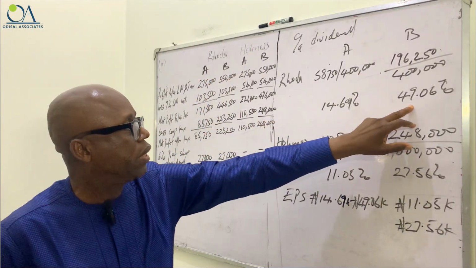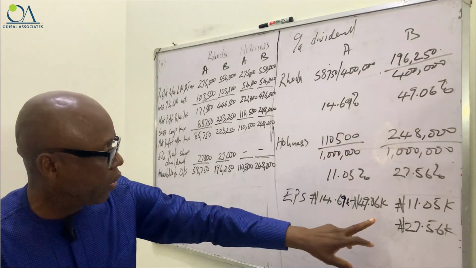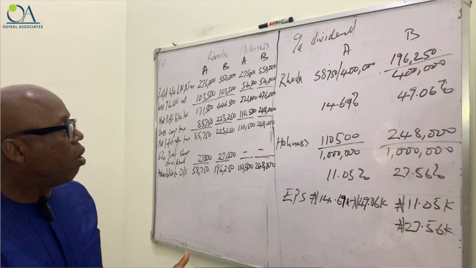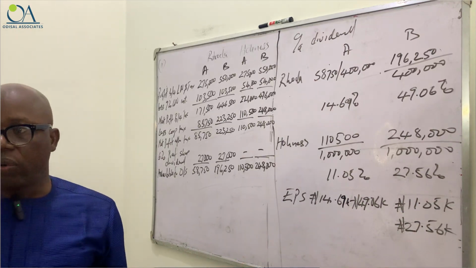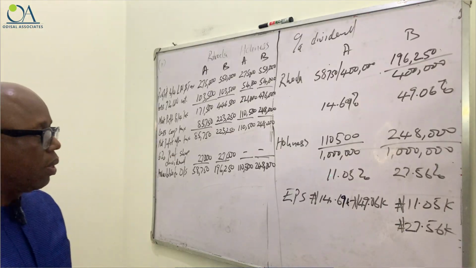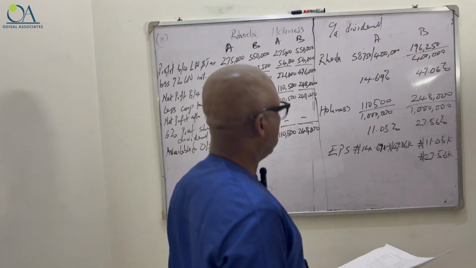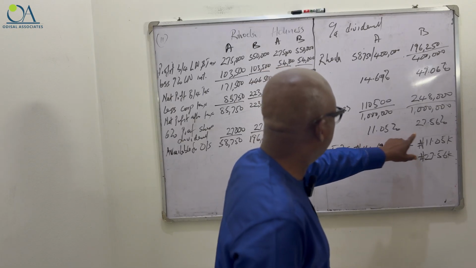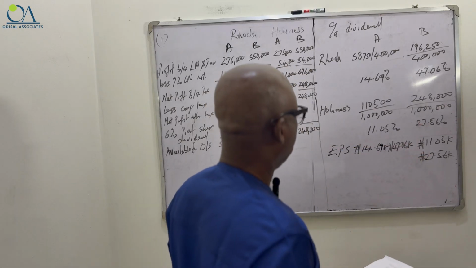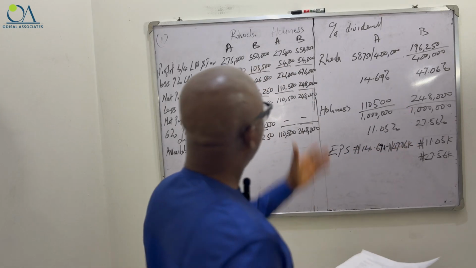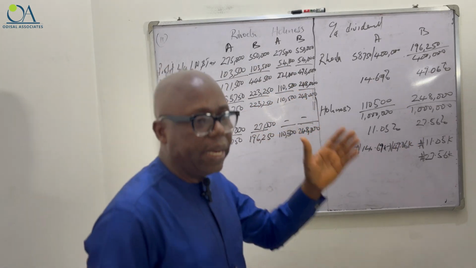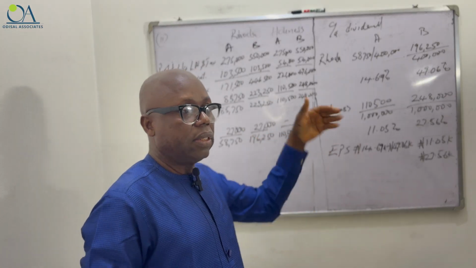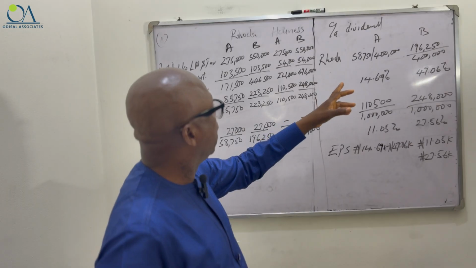Look at 49 naira divided by 14. That will be almost 3 times or so, or 4 times. Then if you look at holiness, you'll see that this is just about 2 times what they have here. So Rhoda that is highly geared returns more to the shareholders than holiness that is less geared.